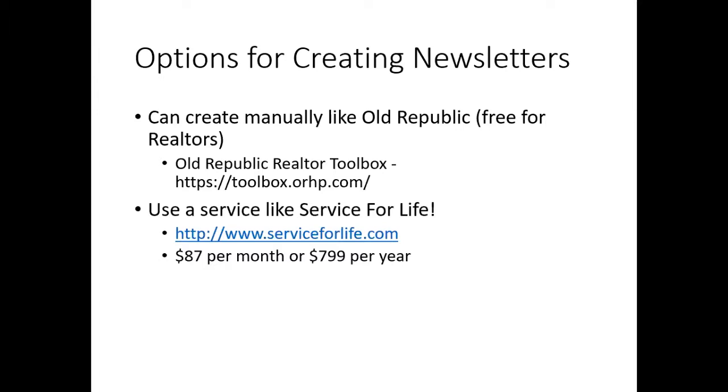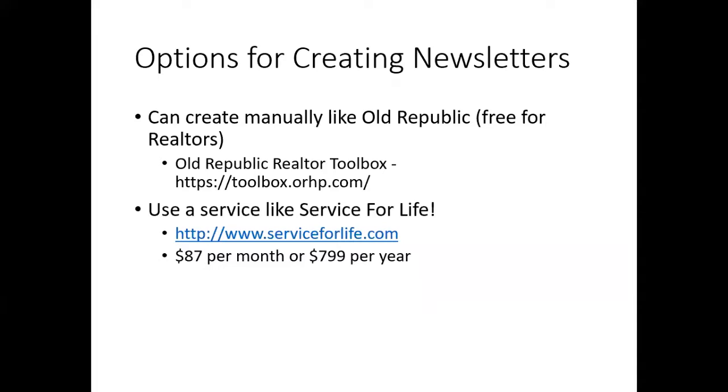Such as Old Republic. In this particular case, my brokerage is kind enough to provide a newsletter for their agents to be able to customize. You can also use a service like Service for Life, where they will provide a number of services, but one of those is custom newsletters and other materials for you for a fee.